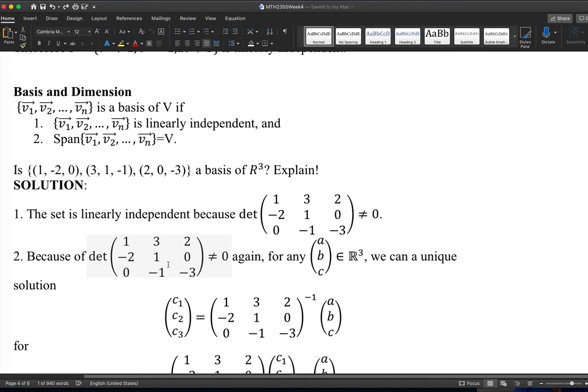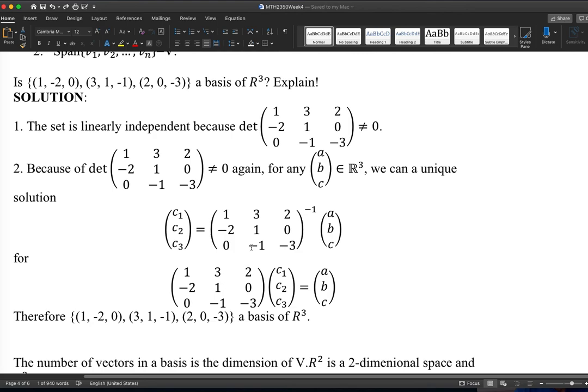And then what I'm trying to show here is that any vector in the 3-dimensional space can be represented by those 3 vectors. Because the coefficient determinant here is not 0, which means the matrix is invertible, the system can always be solved in this way.